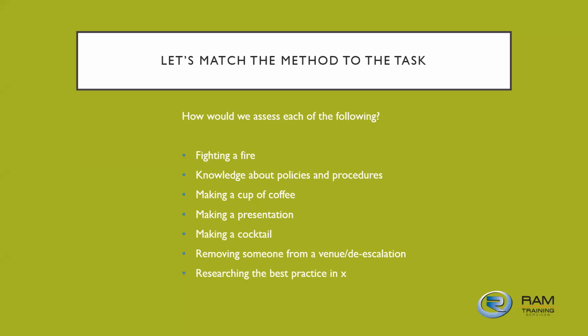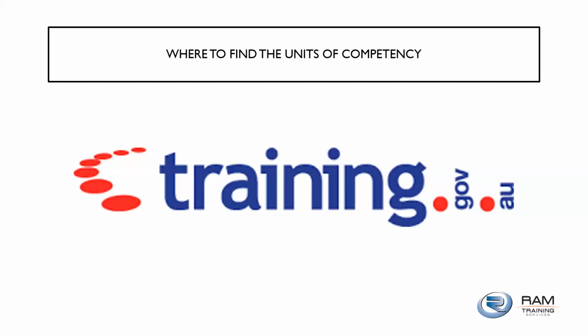All right. So now let's have a look at what we're going to do to find the unit of competency. In order to find the unit of competency, we need to go to the website training.gov.au.